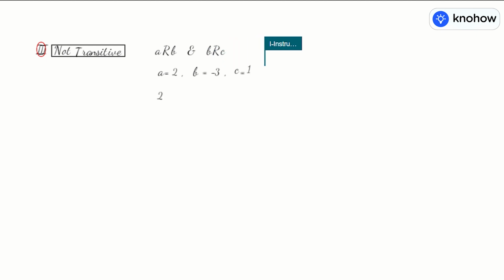Now see, 2 ≤ (-3)². Why? Because how much is (-3)²? 9. So 2 ≤ (-3)², right? And -3 ≤ 1², that is clearly -3 is less than 1.